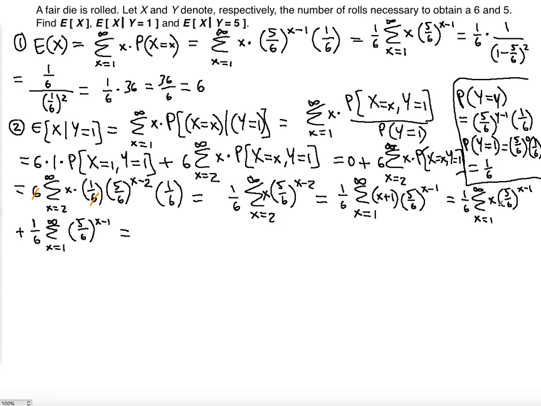Again, we already had that term. That's going to be 6, right? That's going to be 6 plus, now what is this going to be equal to? This is a typical geometric infinite series, that you know converges to 1/6 over 1 minus 5/6, right? That should be clear. You should know that very well.